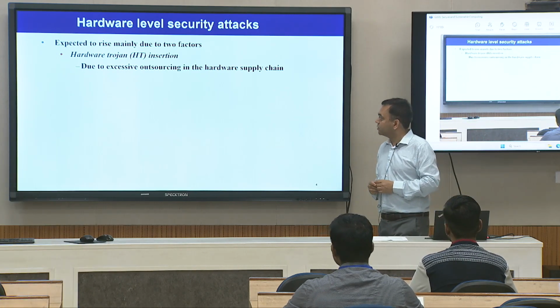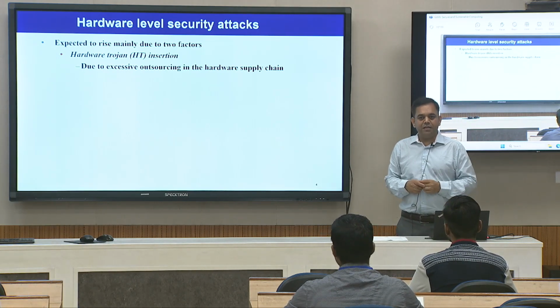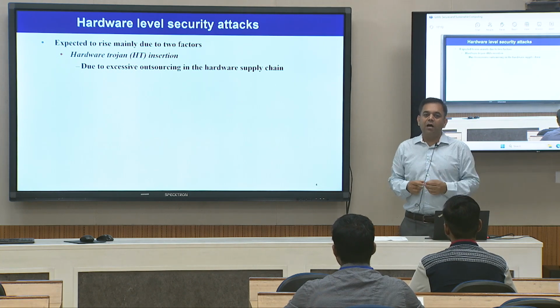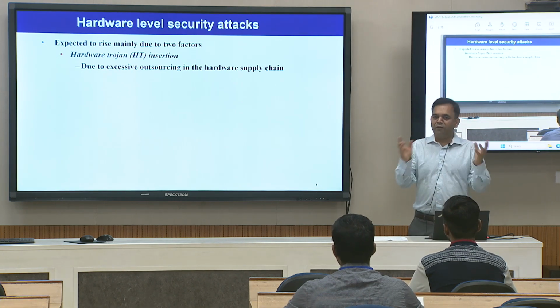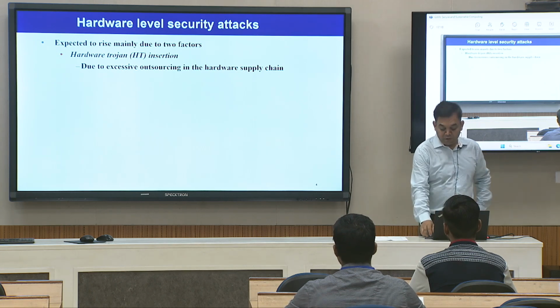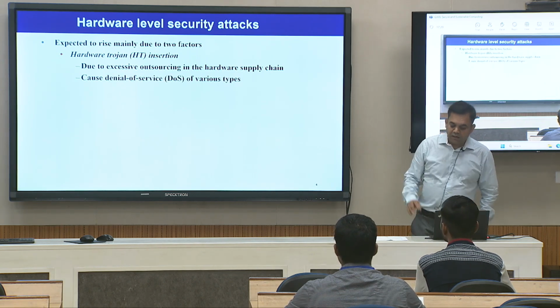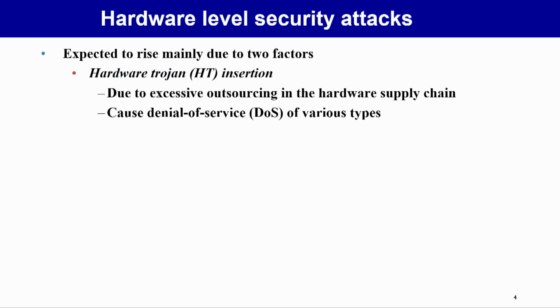That is why you can also see lots of countries trying to secure their supply chain. That means they want to manufacture just there, not rely on the outside world. If this kind of thing happens, they can cause denial of service of various types. It's like whatever you want to do, you cannot do. So that's one of the factors.